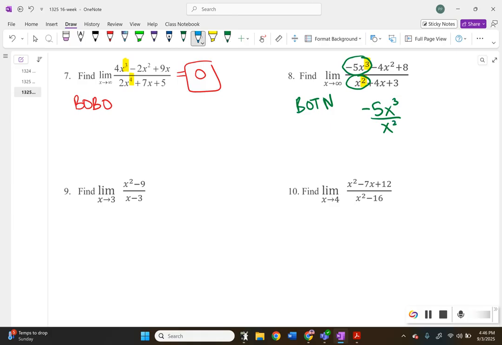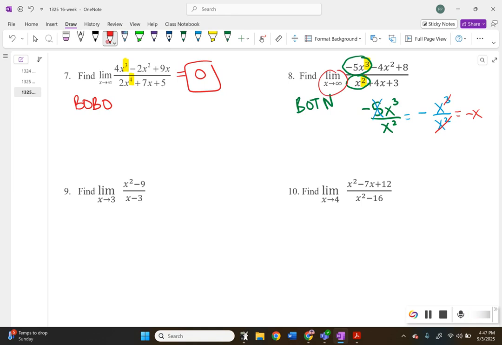And we don't care about the actual numbers in front, so we don't care about the 5. That doesn't do anything when multiplied to infinity. And so I have negative x cubed over x squared. I have 2 x's on bottom and 3 x's on top. I can cancel those 2 with 2 of those, and I just have negative x.